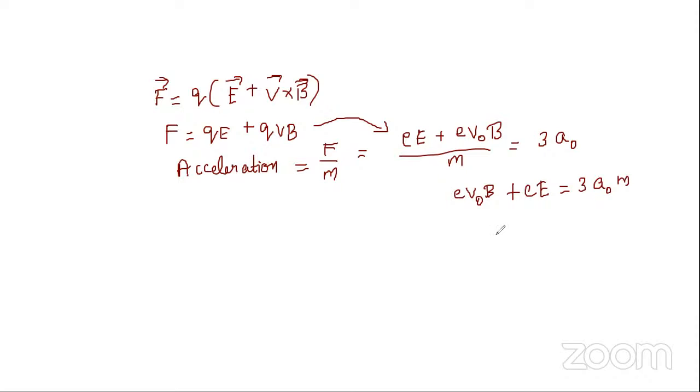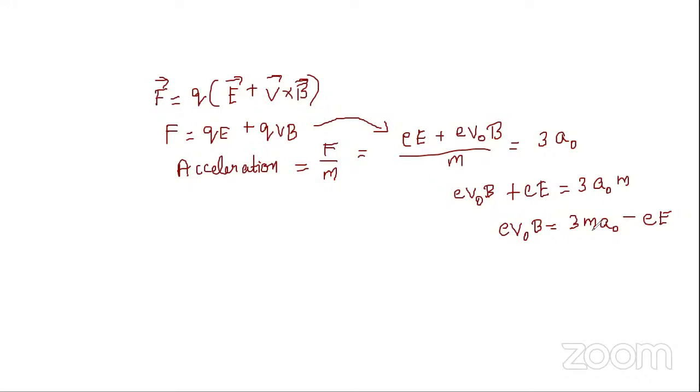So e v naught B equal to 3m a naught minus e into capital E.